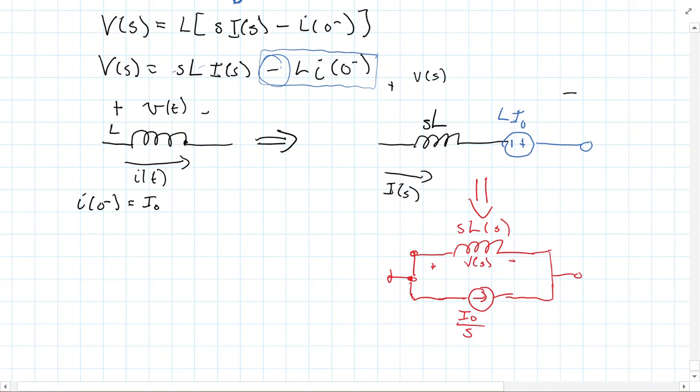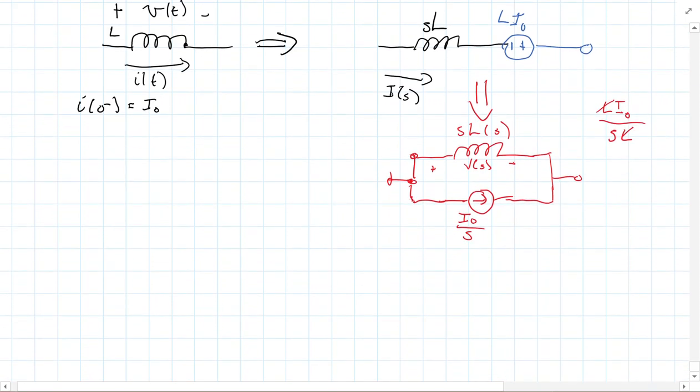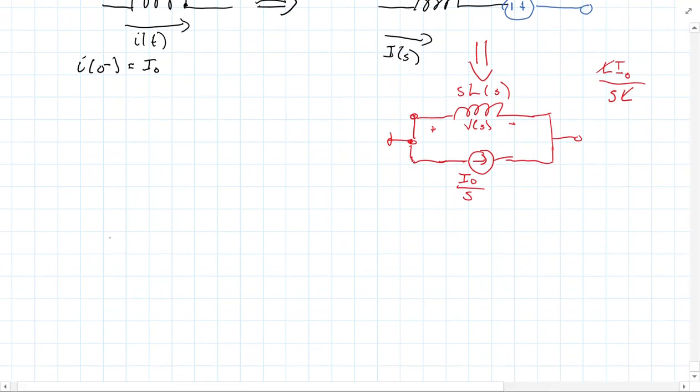How do you get I sub 0 over s? You're literally looking at a source transformation: L I sub 0 divided by sL, and of course the L's cancel out, and you'd have I sub 0 over s. Now, this is again if we're given some initial condition. But there's one more thing we need to emphasize, and this is extremely important.